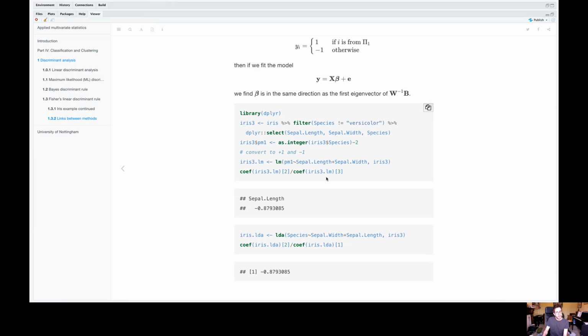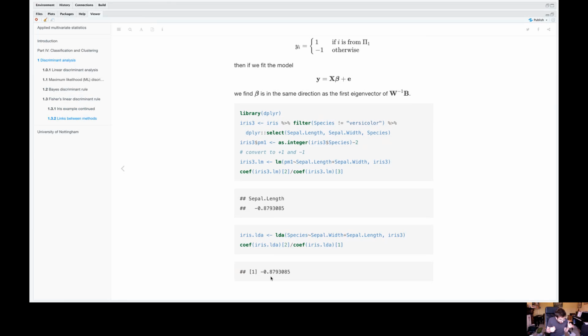And then I've just looked at the ratio of the coefficients. And we get a ratio of -0.88. And if we do LDA as well, and look at the ratio of those coefficients, we find similarly a ratio of -0.88. So they're doing the same thing, they're finding the same direction in the data.